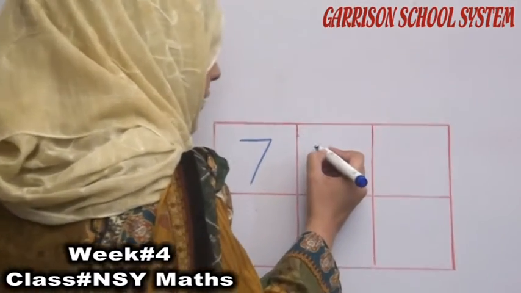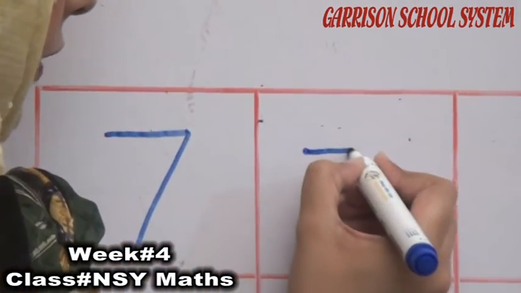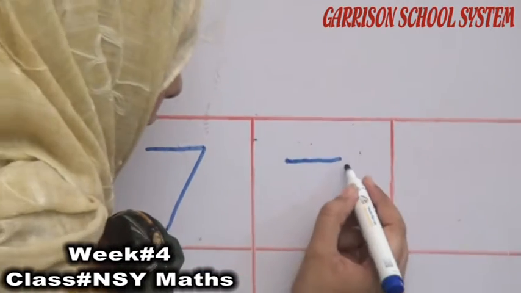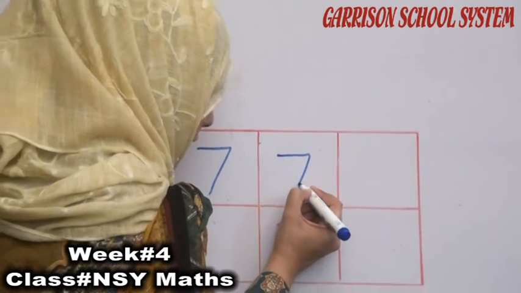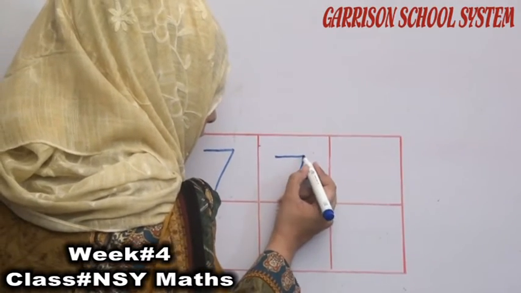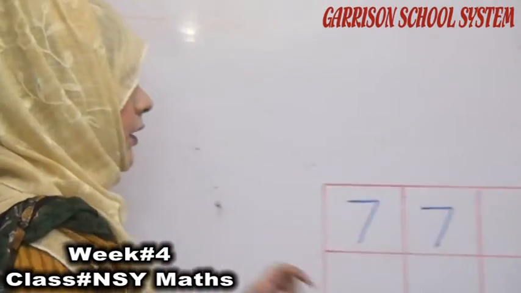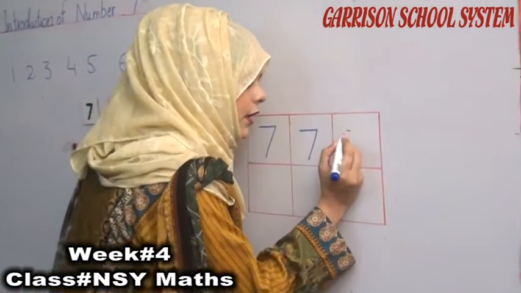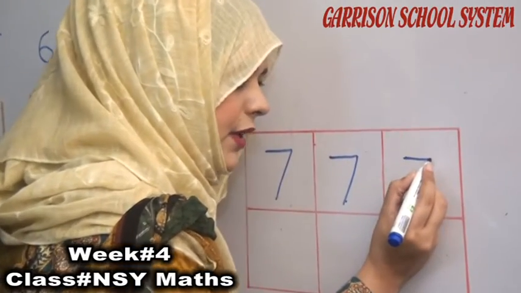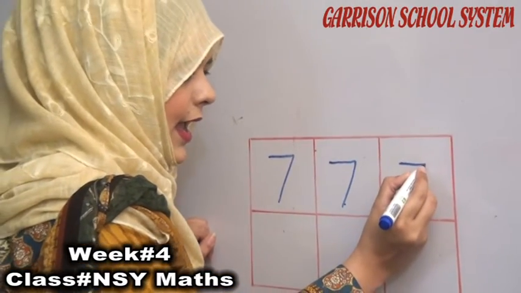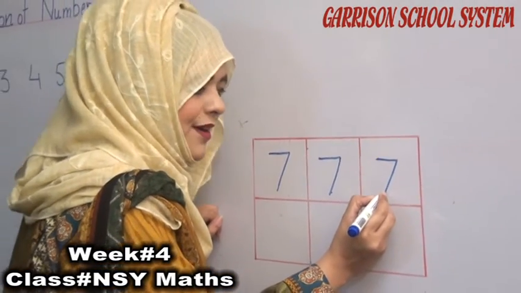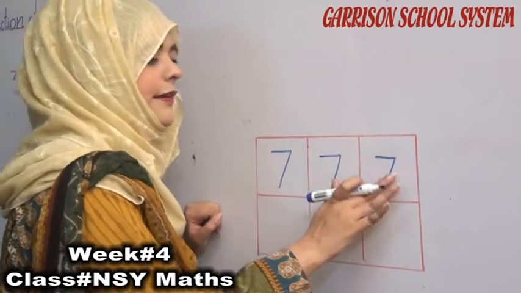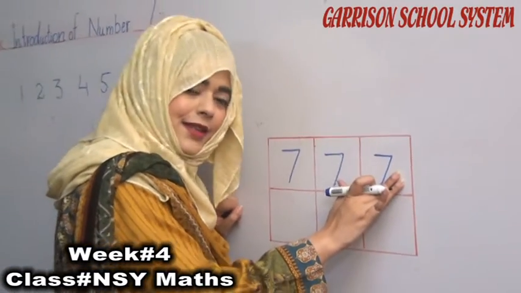First we'll do the slip pattern and then we do the slanted line. So that's how we are going to write 7. It's going to make number 7.